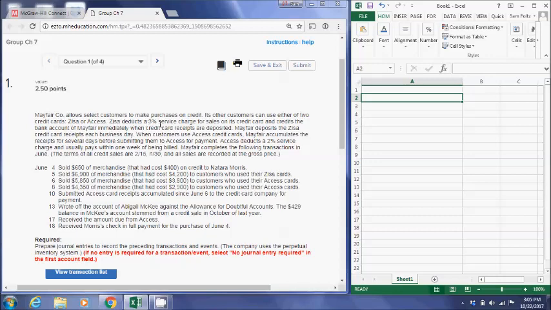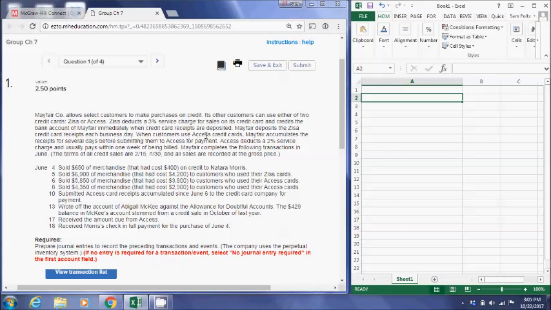Visa deducts a 3% service charge against Mayfair for sales on its credit card and credits the bank account of Mayfair immediately. That means when a customer uses a Visa card, we're going to get our money right away minus the 3% charge. Mayfair deposits the Visa card receipts each business day.